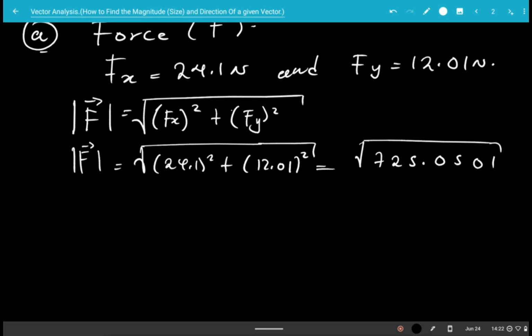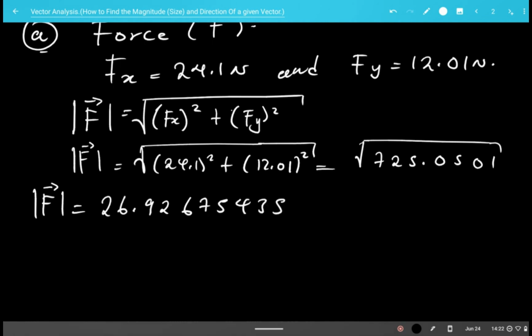And if we compute that, we'll have the magnitude equivalent to 26.92675435. Now, if we round this off to two decimal places, we'll have 26.93. Since the components are in newtons, the magnitude will also be in newtons.